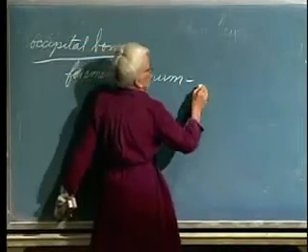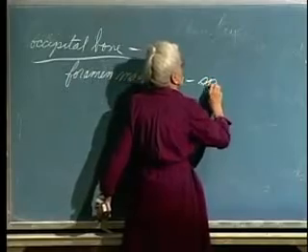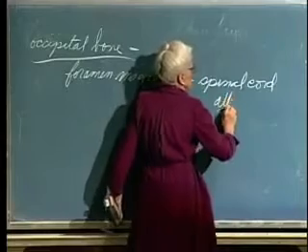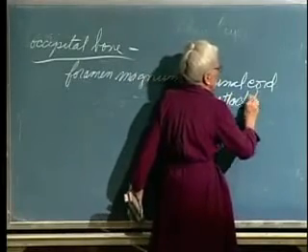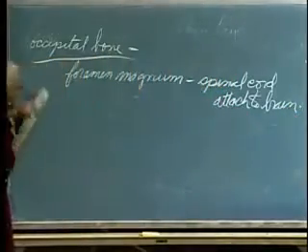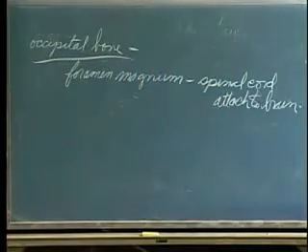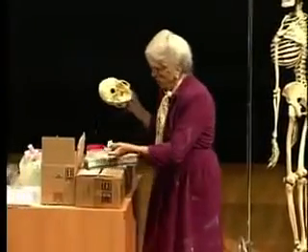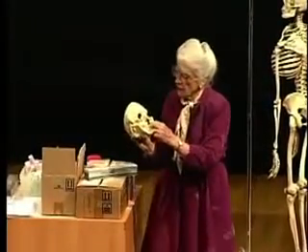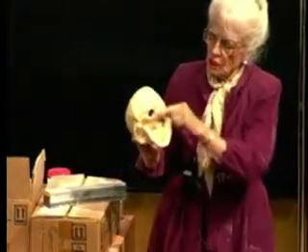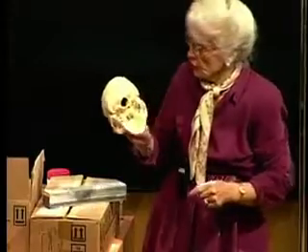And that's where the spinal cord attaches to the brain. But the occipital bone also has articular processes to articulate with the first cervical vertebra.